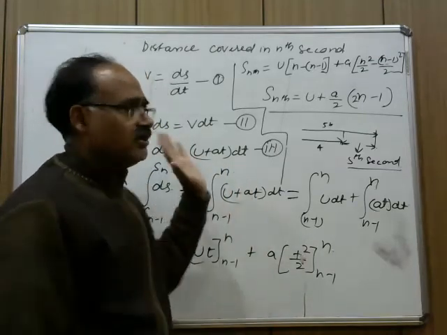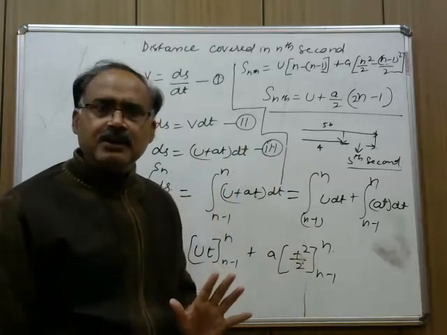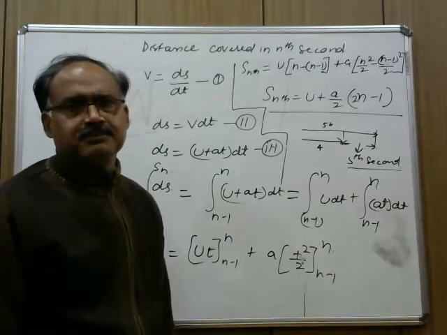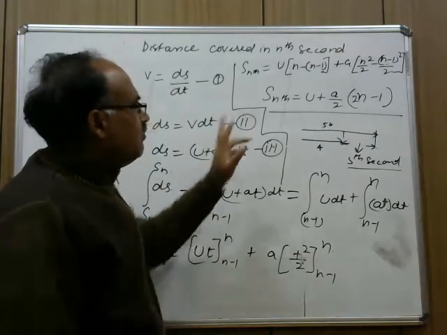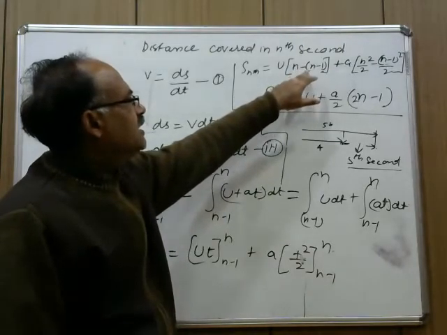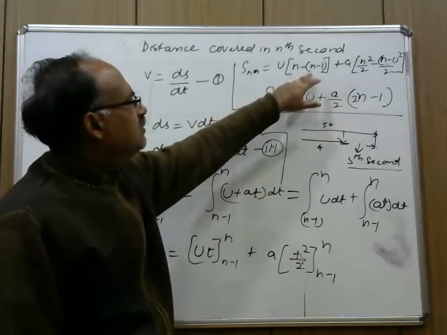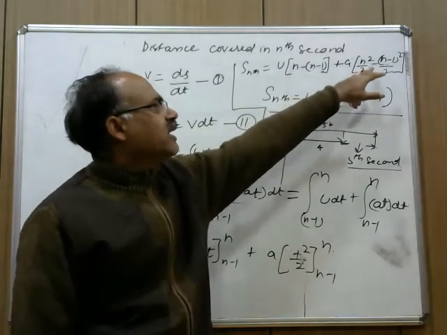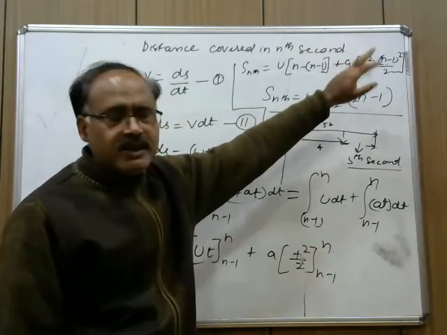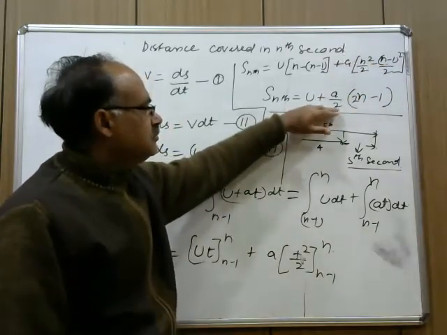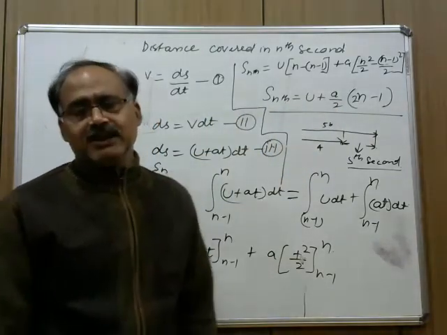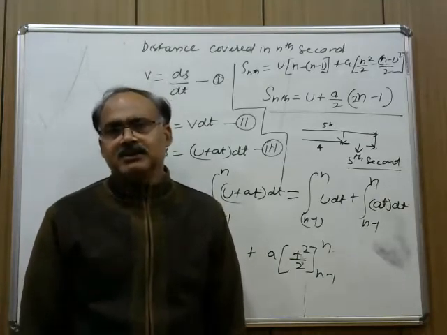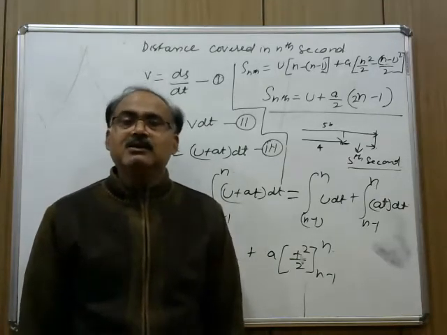This is basically the displacement of the particle in the nth second, and it uses the concept of all the equations of motion. In the final result, the u n minus n minus 1 cancels out, this becomes u, and similarly you can square the two functions, take LCM, then rearrange them, and you can get this relation. So these are all 4 results which we obtained earlier by mathematical methods. Now we have obtained them by using the integral method.